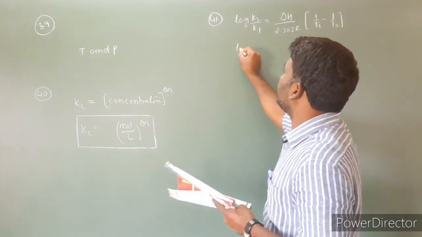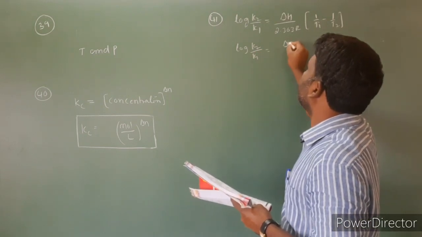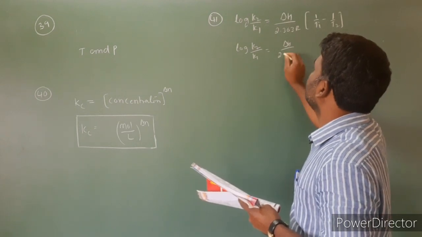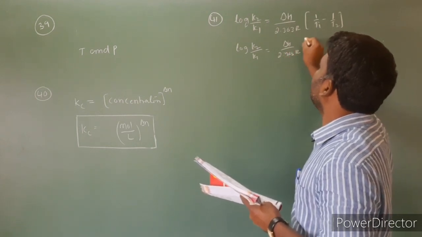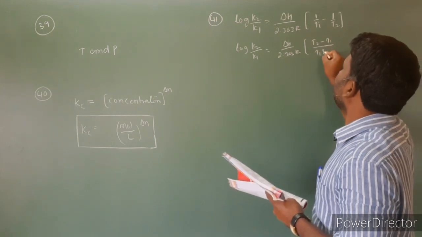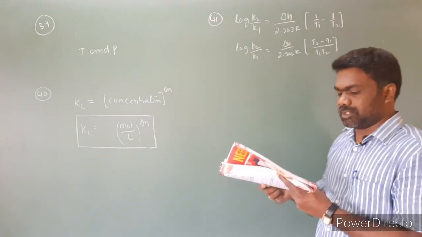We can rearrange this equation as log K2 by K1 is equal to delta H by 2.303 R into T2 minus T1 by T1 into T2. So any form of the equation we can take. So look at the options.